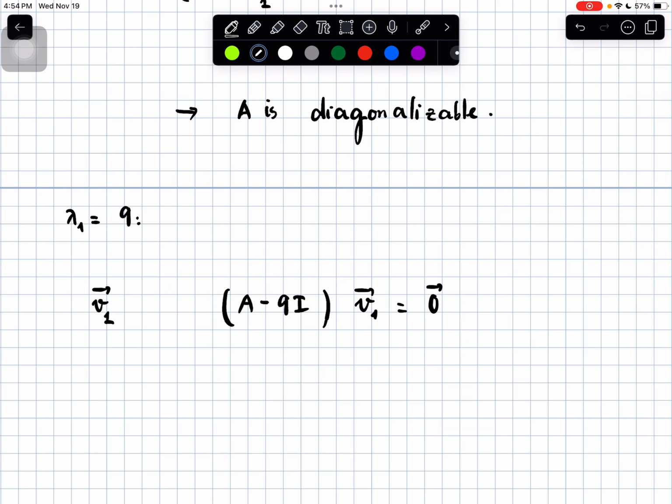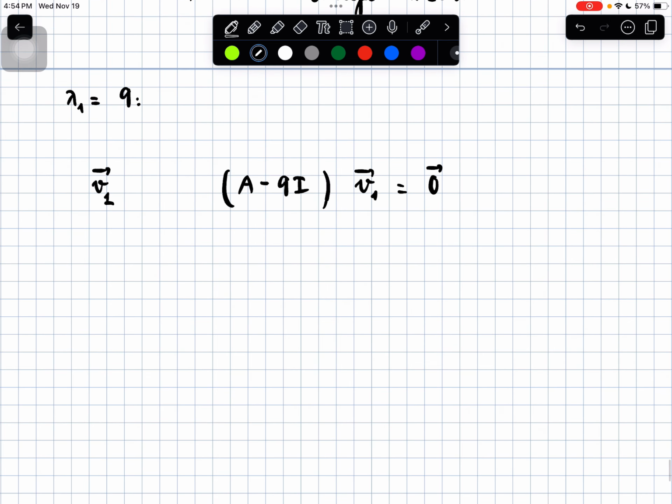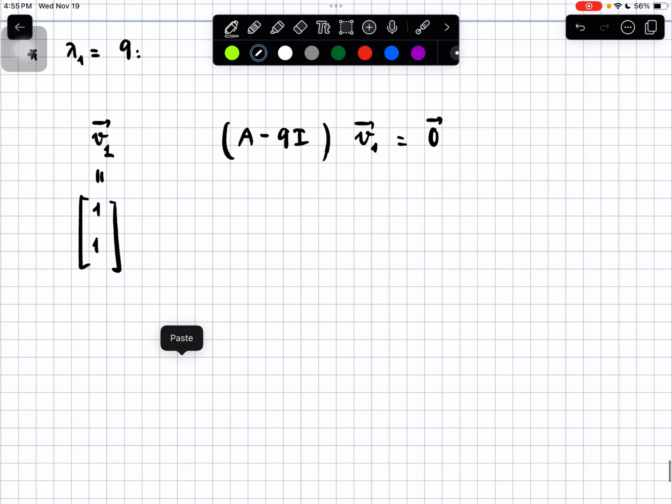Let you solve it yourself. You should have V1 equal to (1, 1). So the eigenspace is one-dimensional. So that space has (1, 1) as a basis.